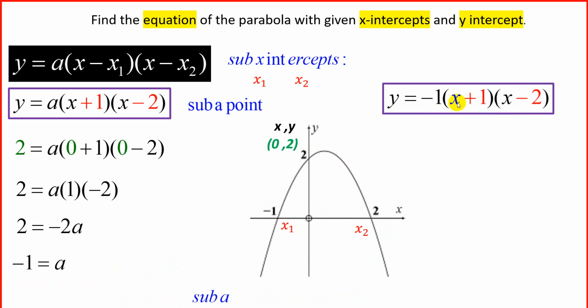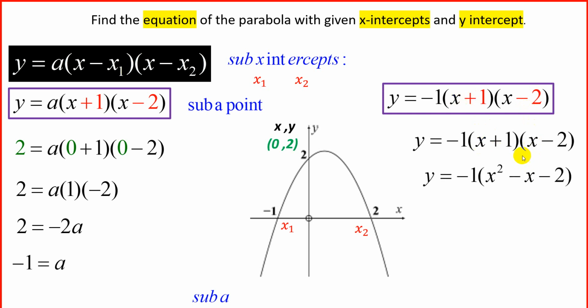So we're going to do FOIL on x plus 1 and x minus 2, which will give us x times x is x squared. So our inside is 1x, our outside is -2x. -2x plus the 1x will give you a middle term of -x, and 1 times -2 is -2.